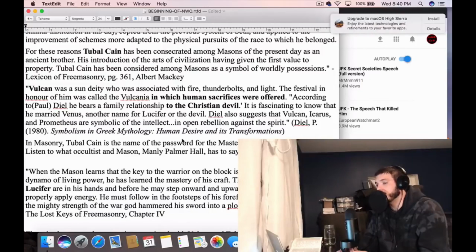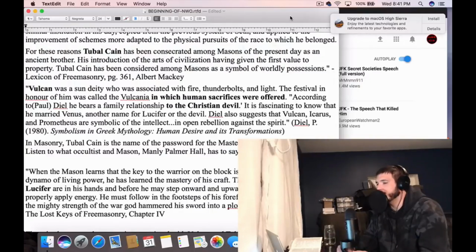The festival in honor of him was called the Vulcania, in which human sacrifices were offered. Whoa, whoa, whoa now. Do you see where I'm going with this? I hope you do, because the evidence is all here. Tubal-cain is Vulcan, and Vulcan was worshipped with human sacrifice.